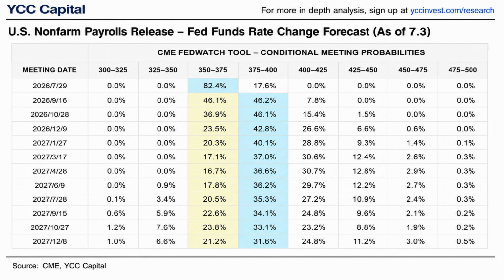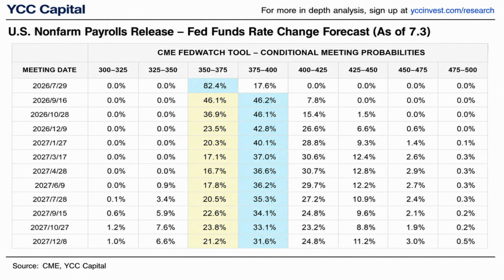Rather than predicting a single outcome, the CME FedWatch tool assigns probabilities to different policy rate ranges at each Federal Reserve meeting. Immediately following the latest payroll release, the market continues to assign the highest probability to only gradual policy adjustments.